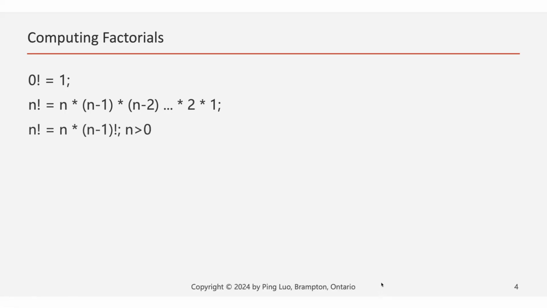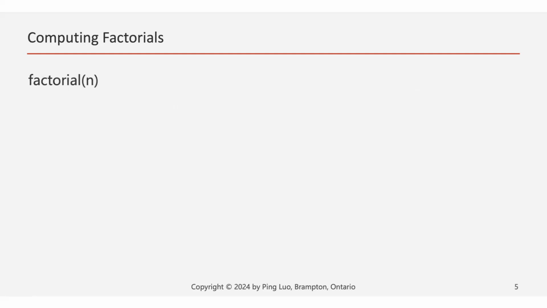of course, we also have this rule, like we know that n factorial equals n multiplied by n minus 1 factorial. So knowing all these things, we can actually solve this problem using recursion. So assuming the method we compute this with is factorial n, we just need this if-else statement.